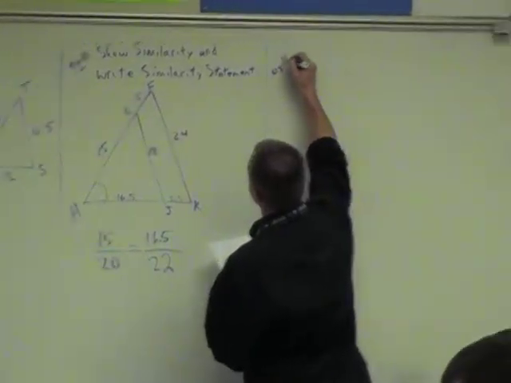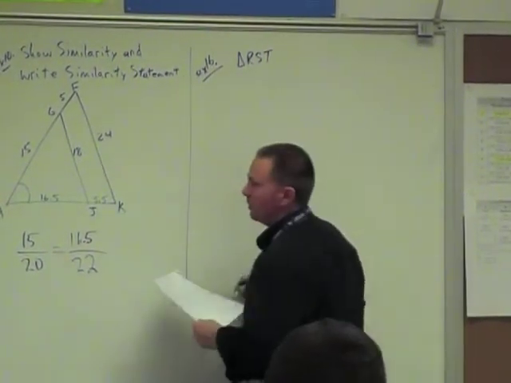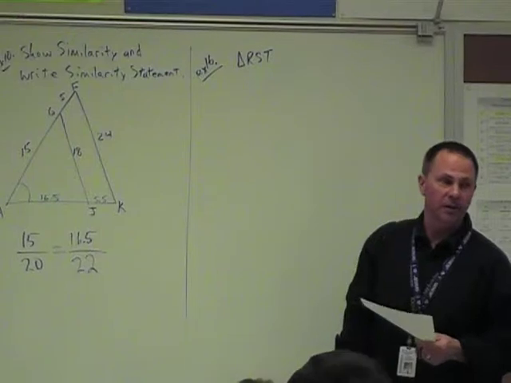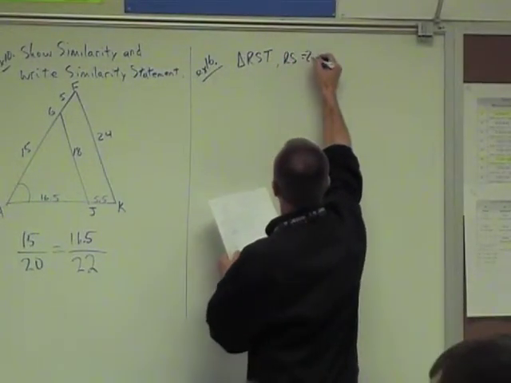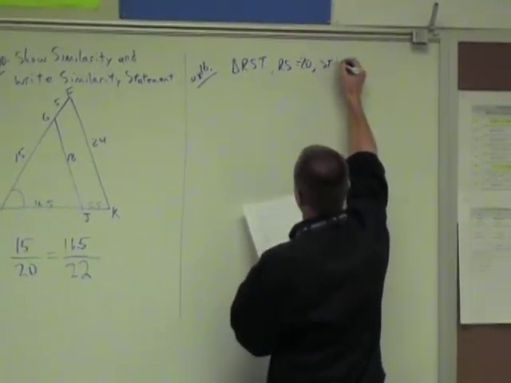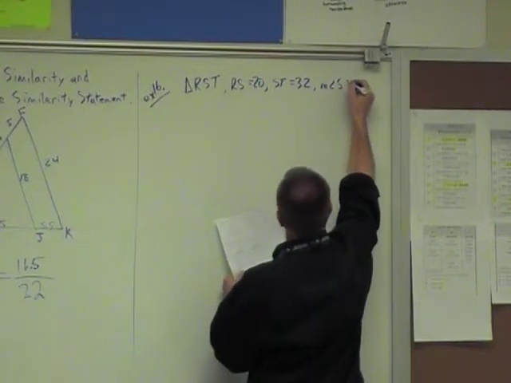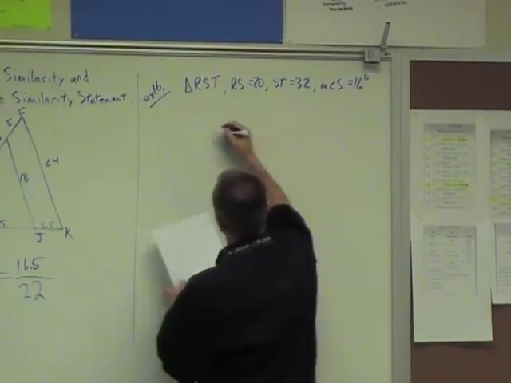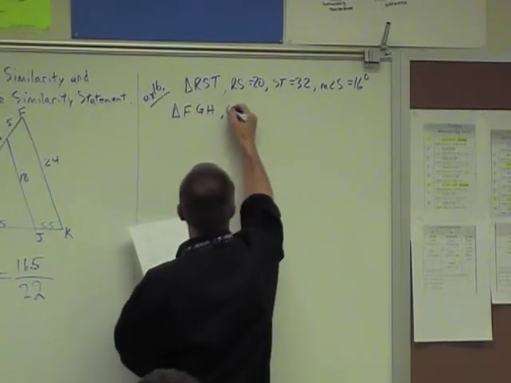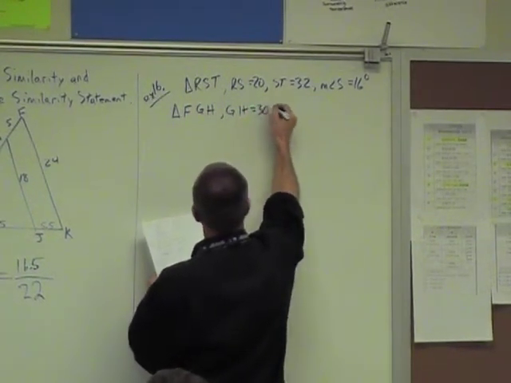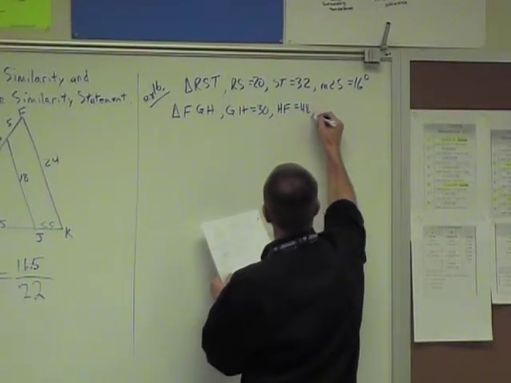Example 16. Triangle RST. And if you don't participate on this, I'm giving you more. Triangle RST. RS equals 20. ST equals 32. And the measure of angle S equals 16 degrees. Triangle FGH. GH equals 30. HF equals 48.